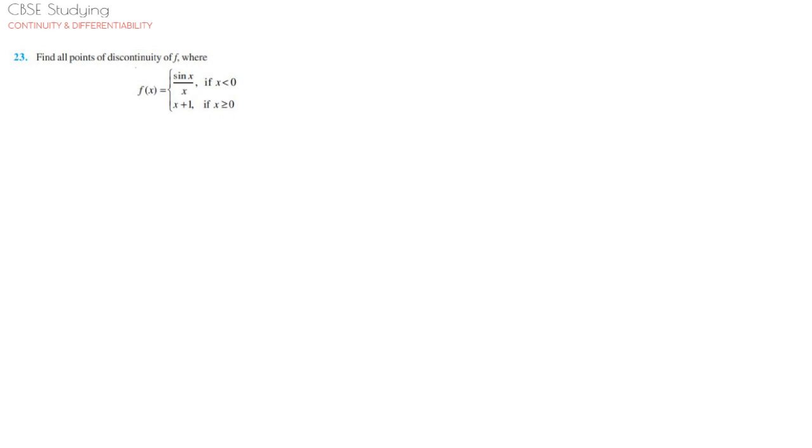So here you see the function f of x is equal to sin x by x if x is lesser than 0, and x plus 1 if it is greater than or equal to 0, right? So what are the three cases we are looking at over here?